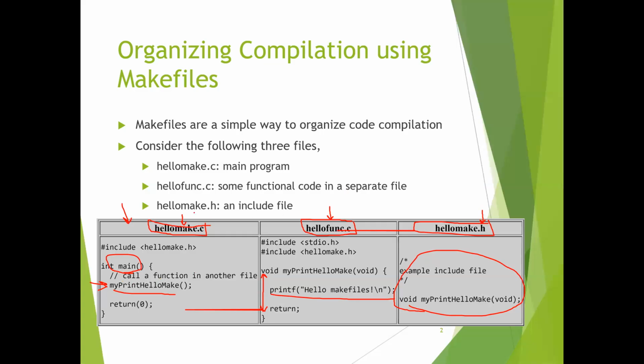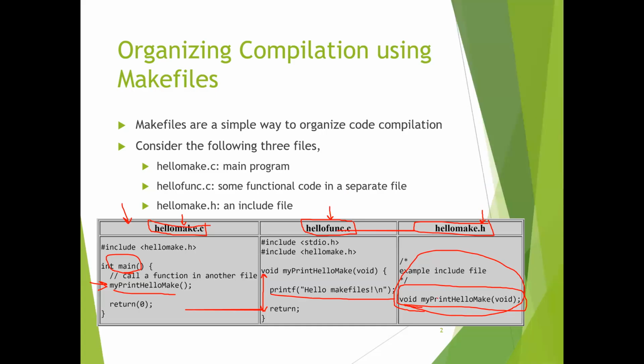And also, for this hello-make.c file to see the function defined in the other file hello-func.c, we need to declare the function. Declaration means something like this line, which is basically the first line of a function. Whenever you want to make one file or one function in a file see another function in another file, you need to declare that function so that the compiler knows the definition is in some file somewhere in the same directory as the current file.